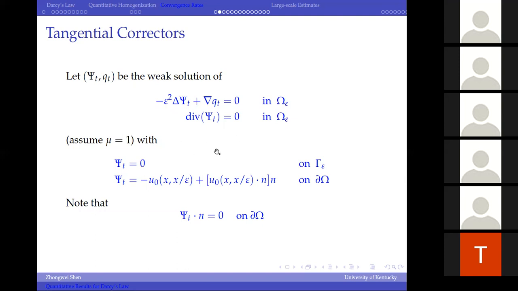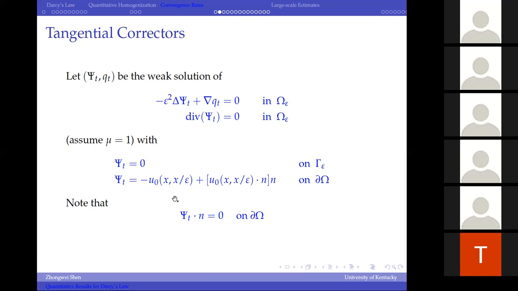Okay, so let's first look at the tangential corrector. What I do is simply solve a Stokes system in the perforated domain, omega epsilon, with the tangential boundary data of the difference.